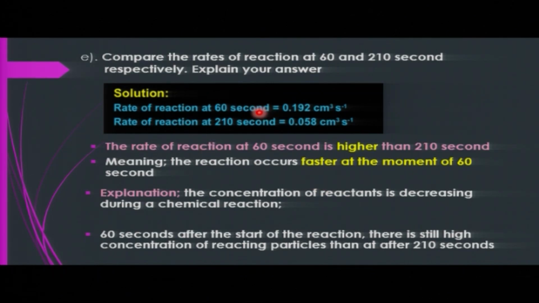What makes the rates to be higher at the 60 second point than at the 210 second point? It's all about the concentration of reacting species. As you know, when the reaction starts and it progresses, the concentration of reactants decreases.